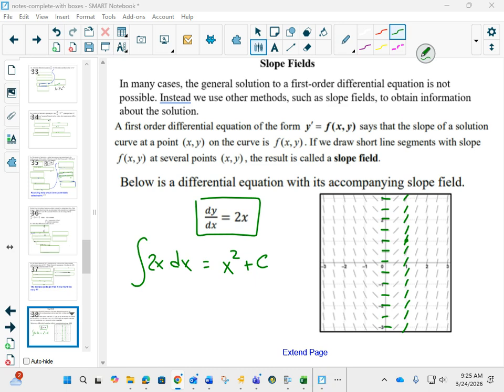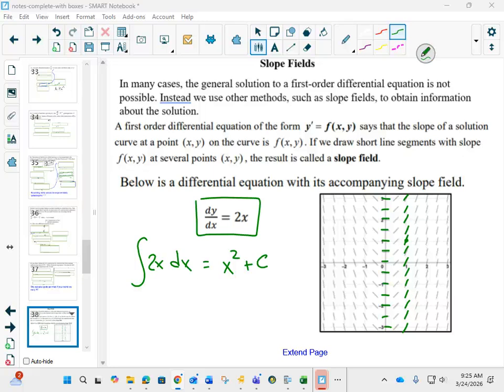So now if you did the tedious work of every single x point drawing the slopes and every single y coordinate, if you did the tedious work of doing all those many little slopes, you make a slope field. And the beautiful thing about a slope field is this.